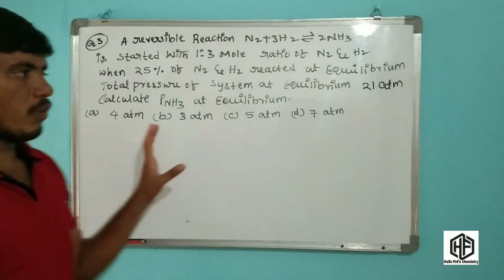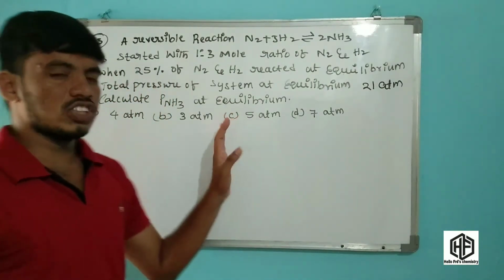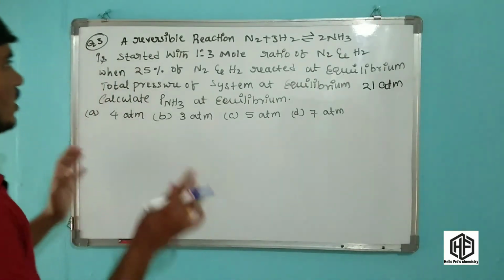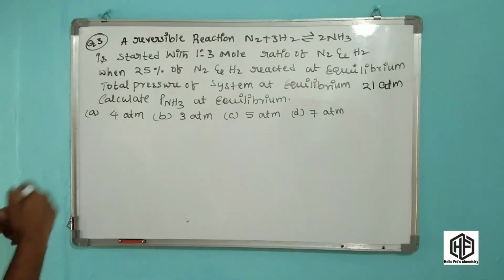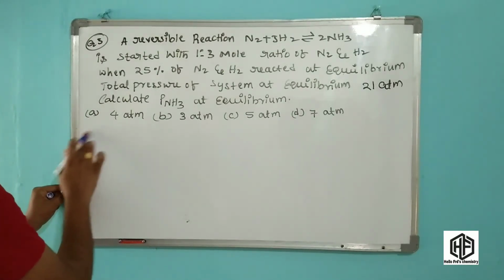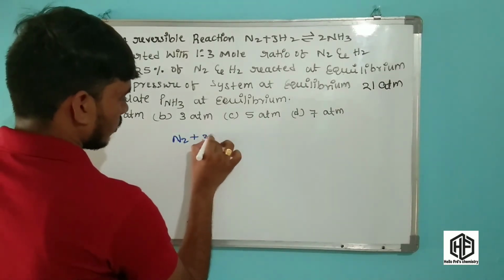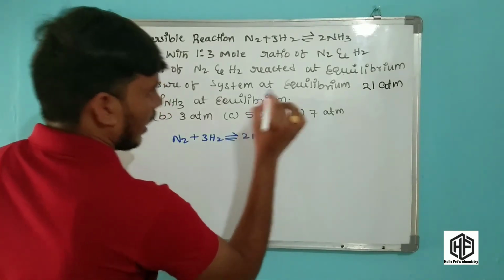This type of question is very important. How do we solve these types of questions? Now see this board, friends. The question is the reversible reaction N2 plus 3H2 gives 2 moles of NH3.